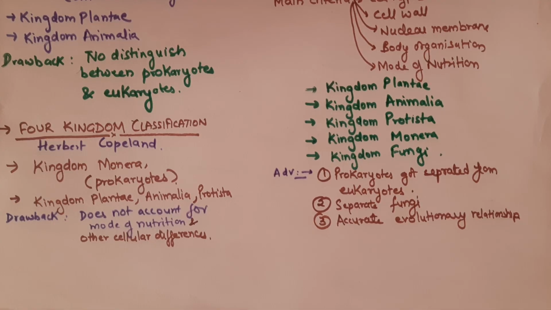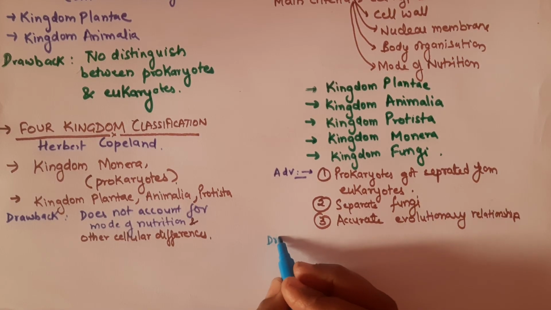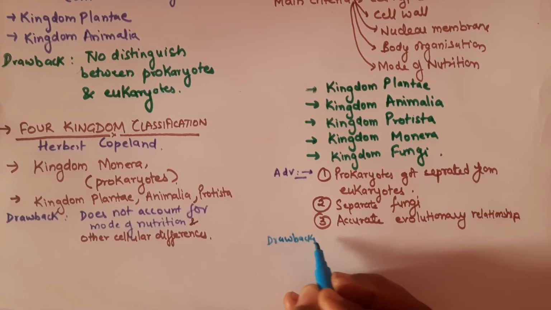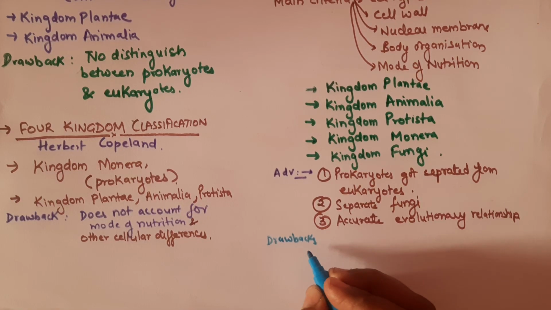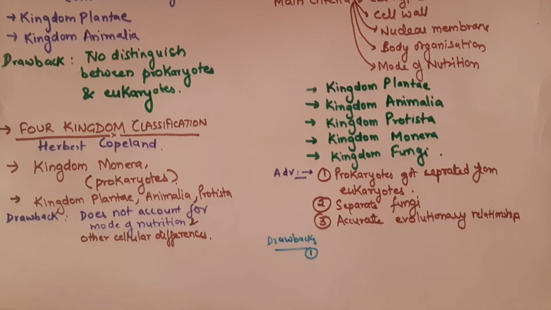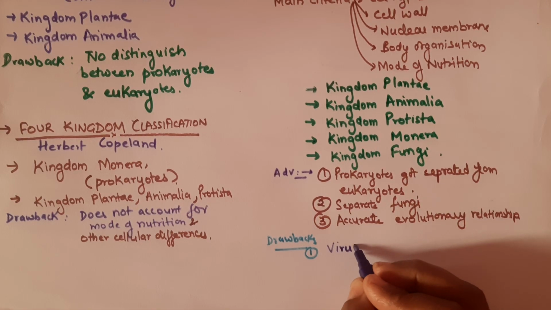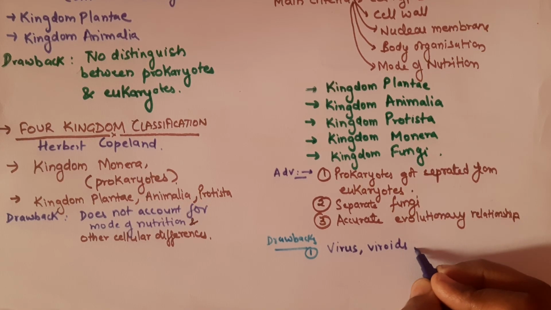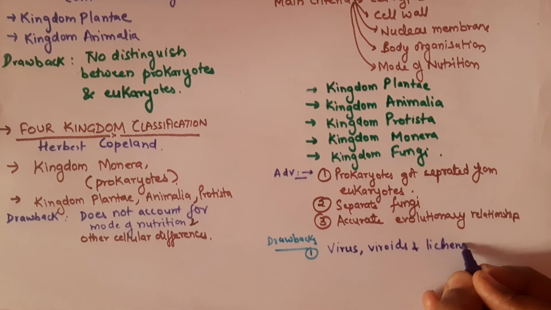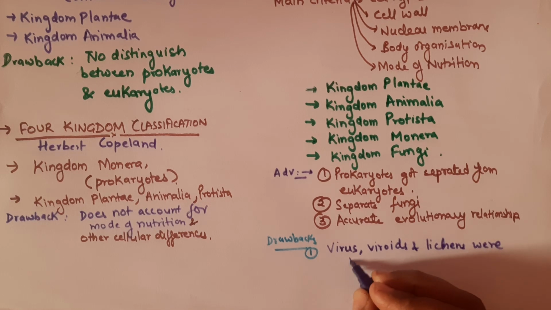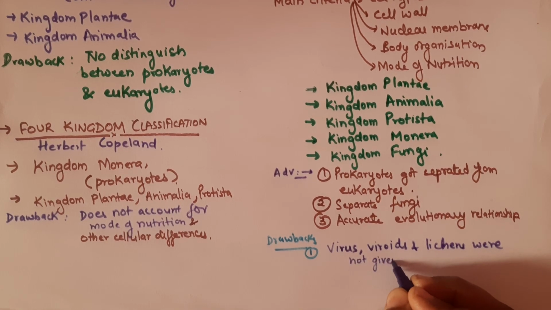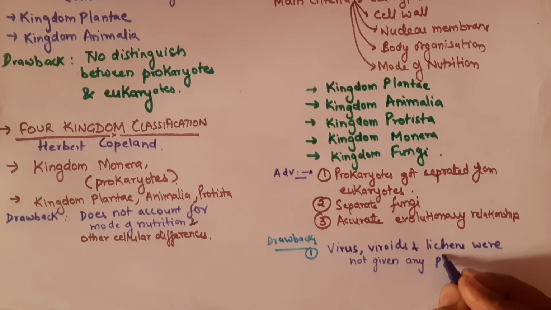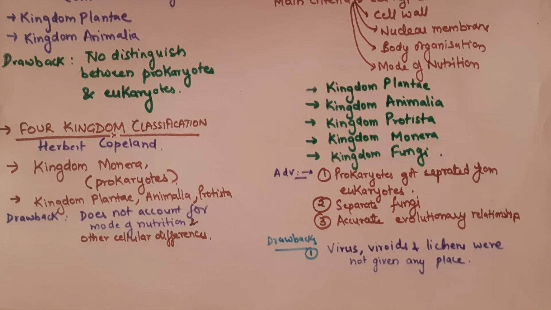However, this five kingdom system still holds some drawbacks. The first drawback is that viruses, viroids and lichens were not given any place in this kingdom classification.